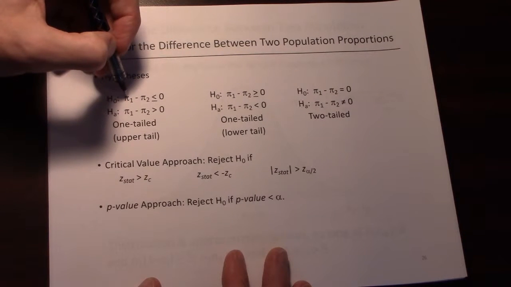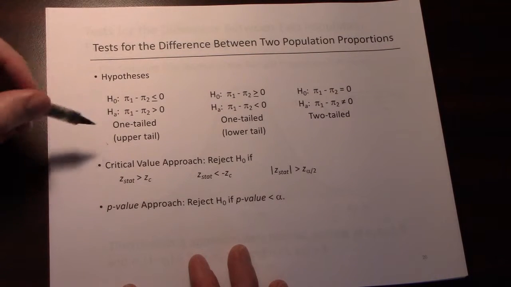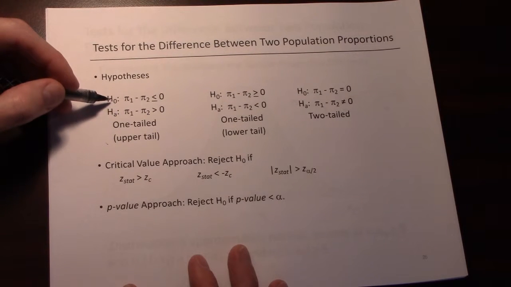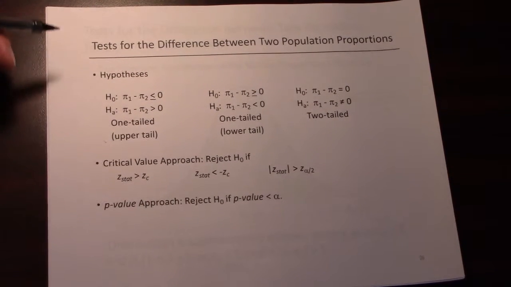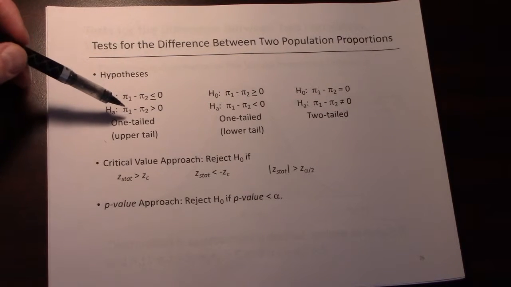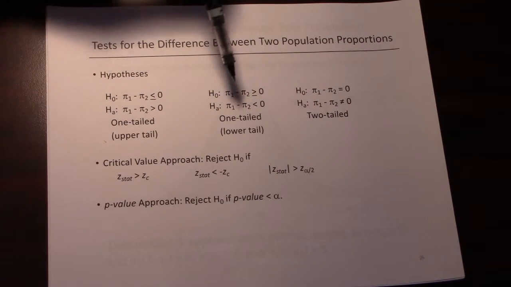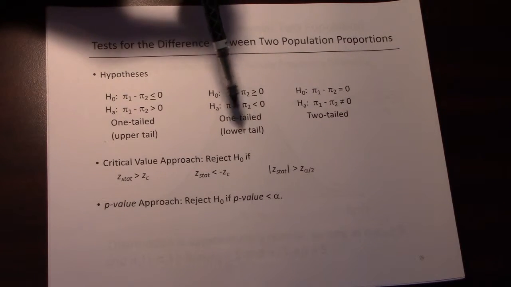We would say the proportion of men minus the proportion of women is either 0 or less than 0. And if we find overwhelming evidence that this is positive, then we could reject the null hypothesis and assume the alternative hypothesis. So in that case, if we're trying to prove something specific, we could use a one-tailed test. If we're trying to prove the other direction, we could use a one-tailed test on the other side.